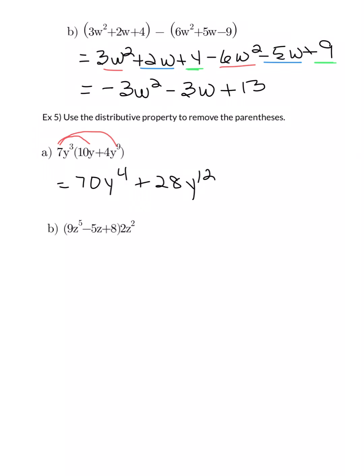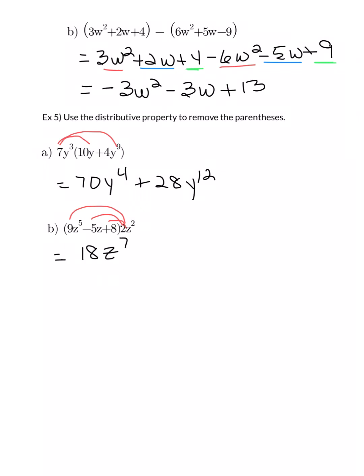What's different about B is that the item that we need to distribute is on the end instead of in the front. The process does not change. We still have to take that item that's outside the parentheses times each of the items that's inside the parentheses. So if we take 9z to the fifth times 2z squared, 9 times 2 gives us 18.